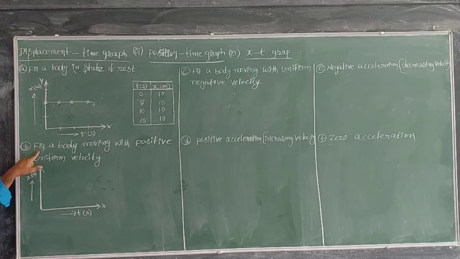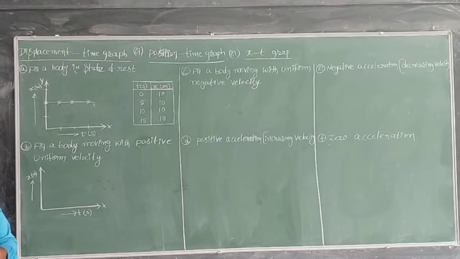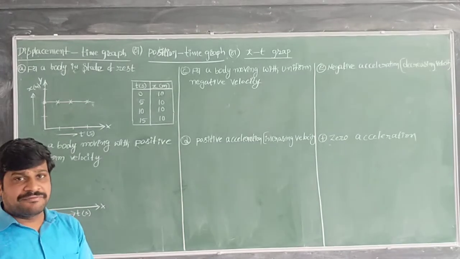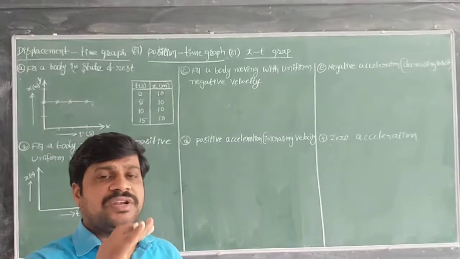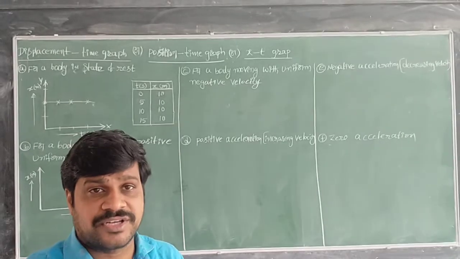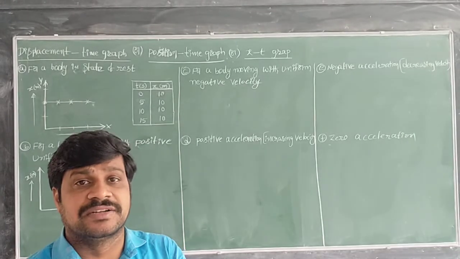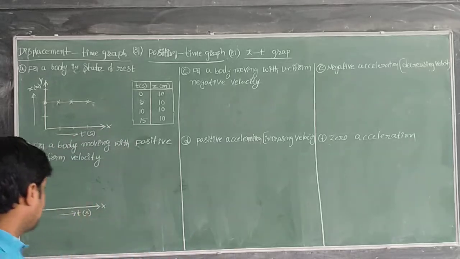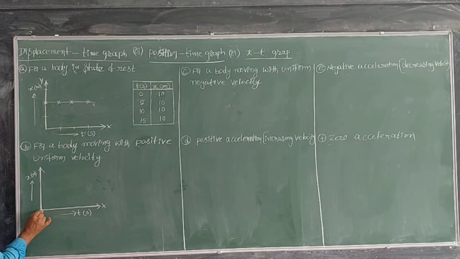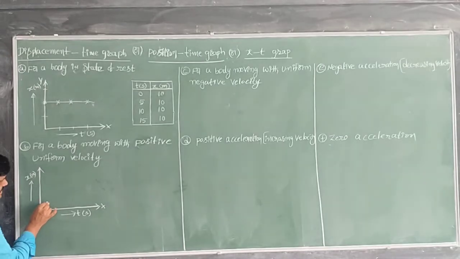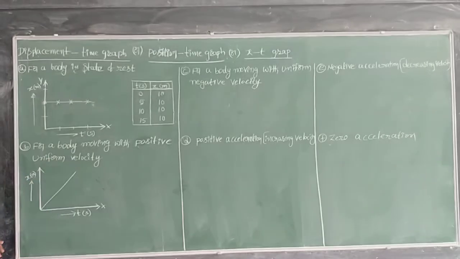Now look here: for a body moving with positive uniform velocity. Uniform velocity means that throughout the motion the velocity is constant. We make it a linear line, like this.